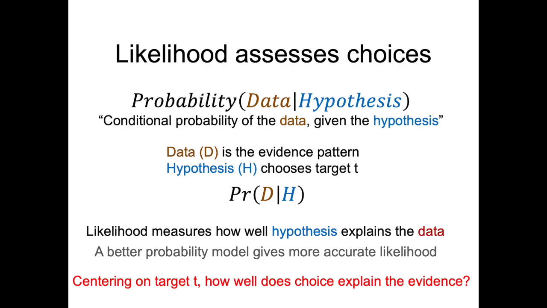Likelihood measures how well a hypothesis explains the data. Also, a better probability model with better math and more variables can give a more accurate likelihood value. With targeted forensic approaches, the likelihood centers attention on the target T, and it asks how well does this choice of the target explain the evidence.